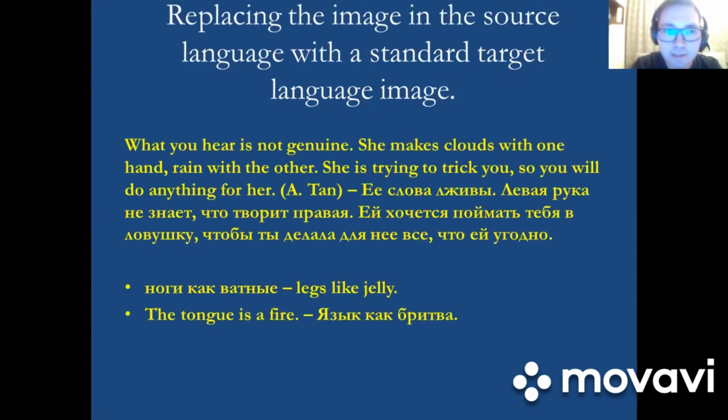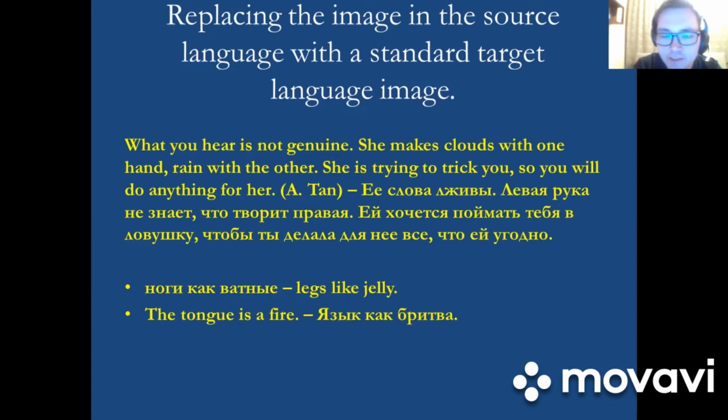The next way is through replacing the image in the source language with a standard target language image. And here we have examples of that. Let's read the ones which are given below. Ноги как ватные, legs like jelly.